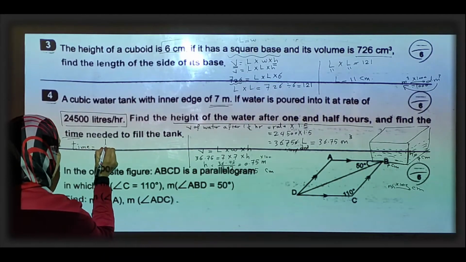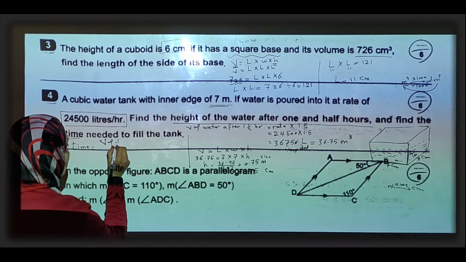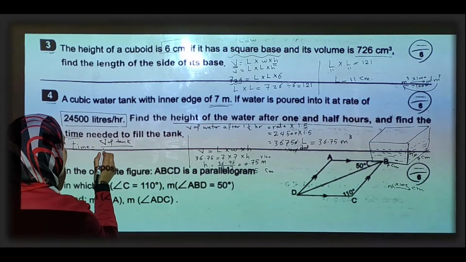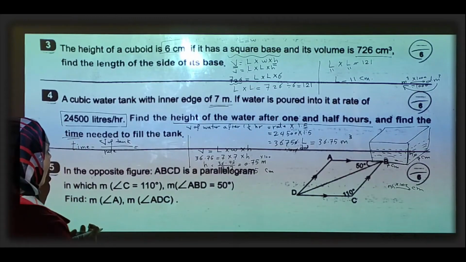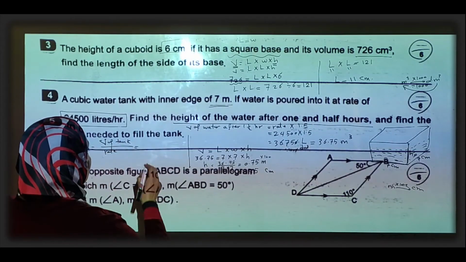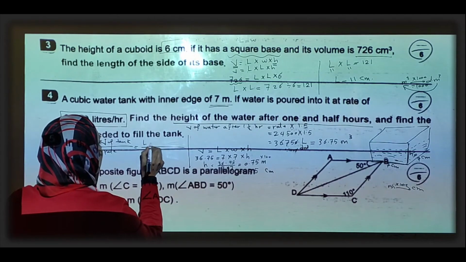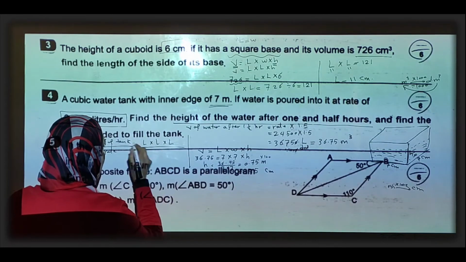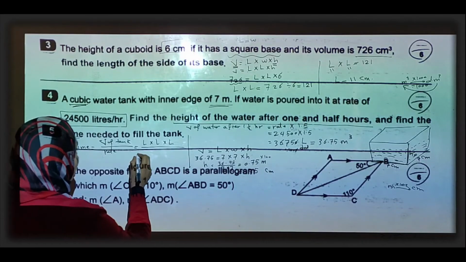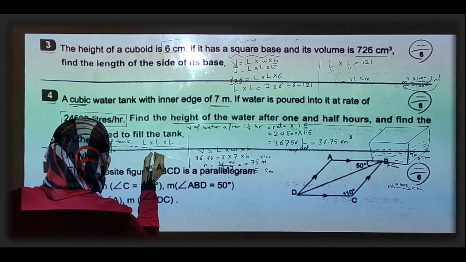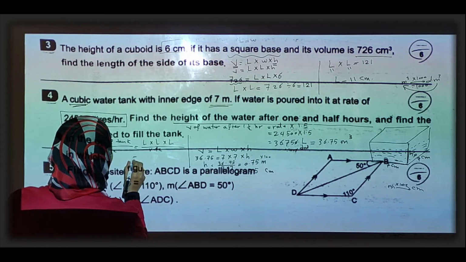The volume of tank dividing the rate gives the time. Volume of tank equals length times length times length, because it is a cubic, dividing the rate.